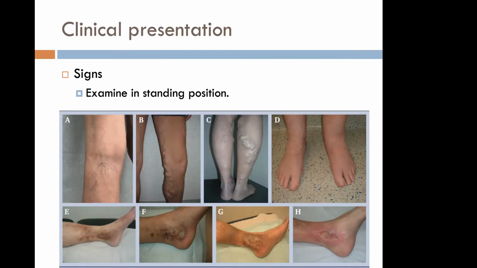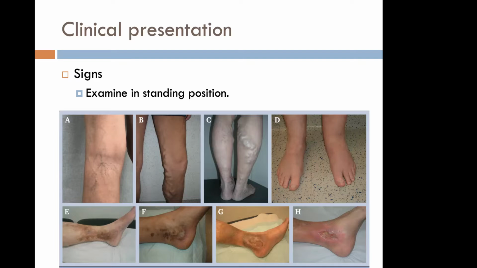Now, these skin changes may typically be skin hyperpigmentation, they may have eczema, or they may have what we call lipodermatosclerosis. Now, lipodermatosclerosis is a thick, leathery-like skin, and it is a clinical sign in keeping with advanced chronic venous disease.